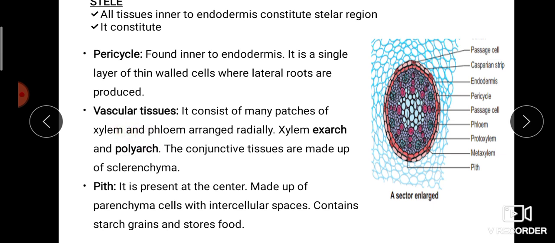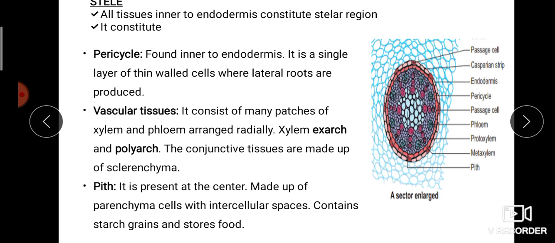Then vascular tissues. It consists of many patches of xylem and phloem that are arranged radially. So here also the xylem and phloem are not on the same radius, so it is called radial arrangement. Here also the vascular tissues are exarch. So in root the xylem is in exarch condition.